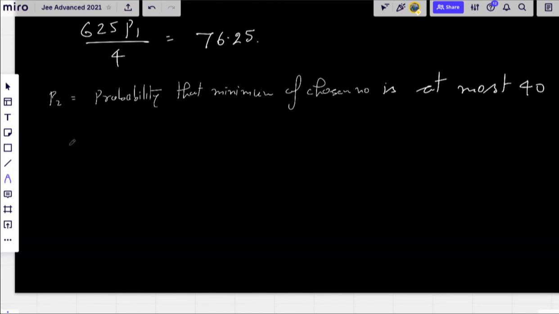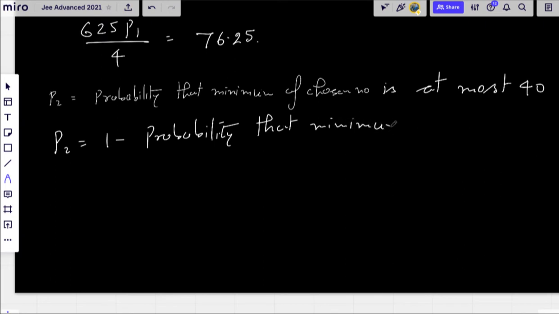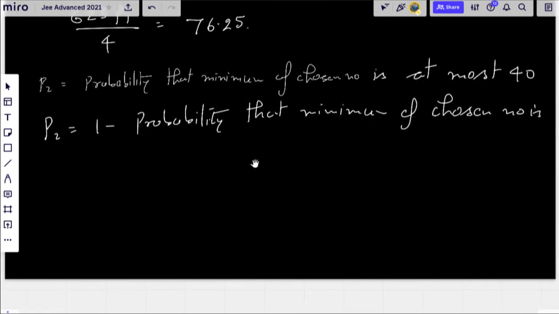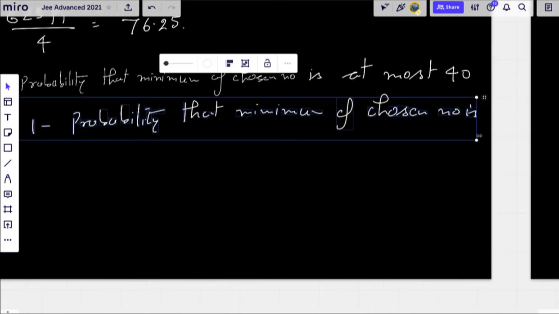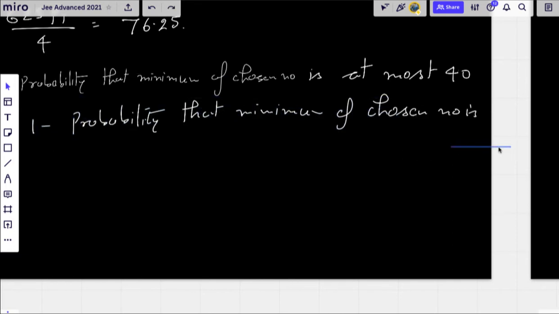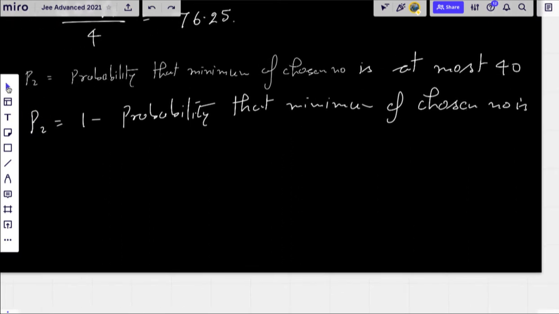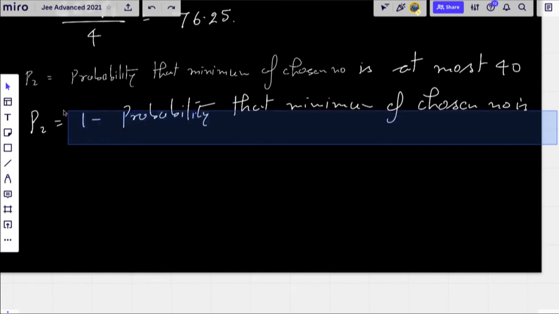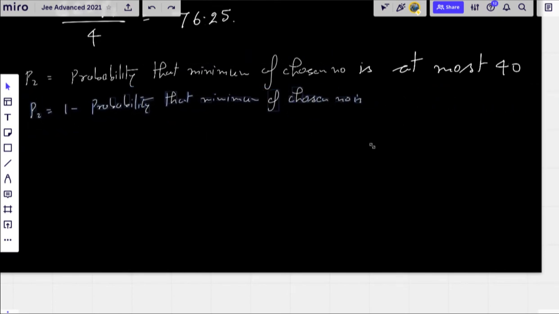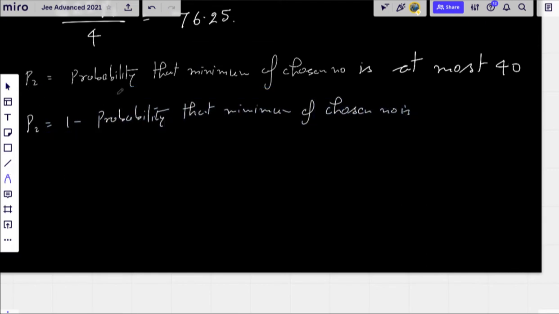So here you can find it by the complementary concept. P2 is equal to 1 minus the probability that the minimum of chosen number is at least, and in this case we have to go for 41.